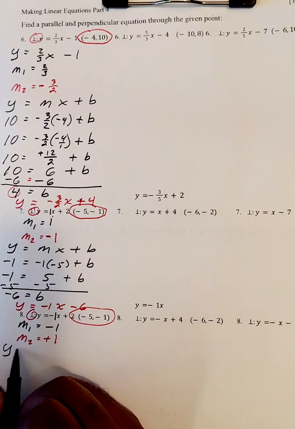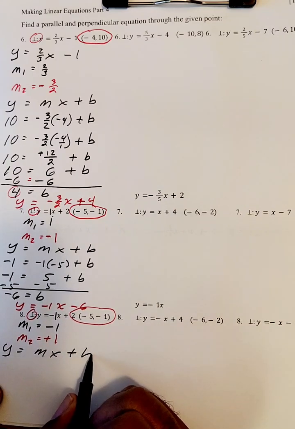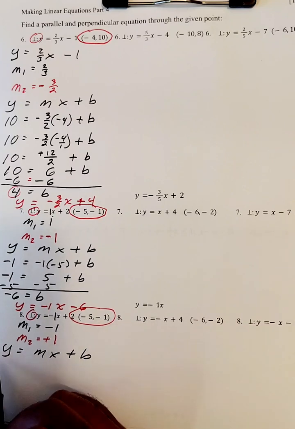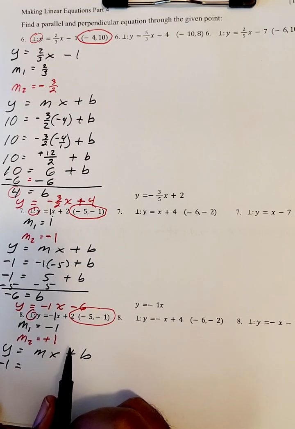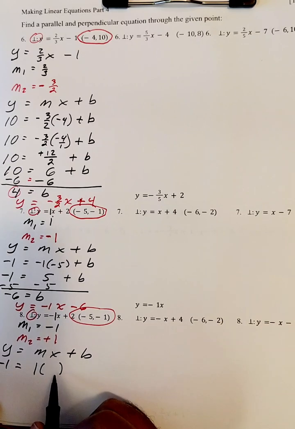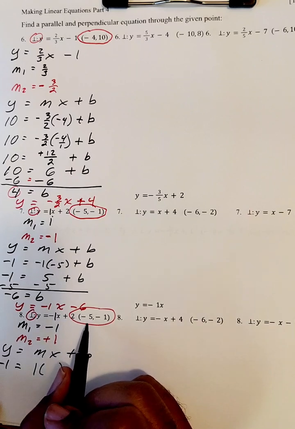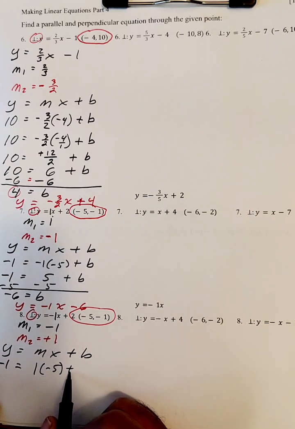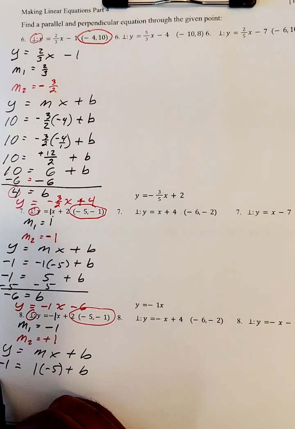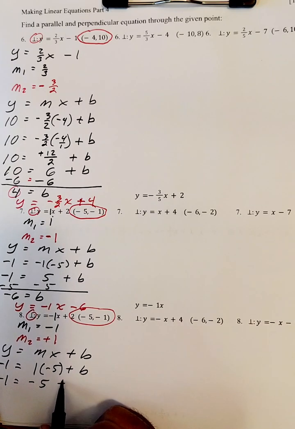We'll put in our slope-intercept form. y equals mx plus b. Your y is going to be a 1. Your m, or slope, is going to be a +1. Oh, sorry, not x. I'm trying to say it's going to be a -5. And then plus b. 1 times -5 is -5.